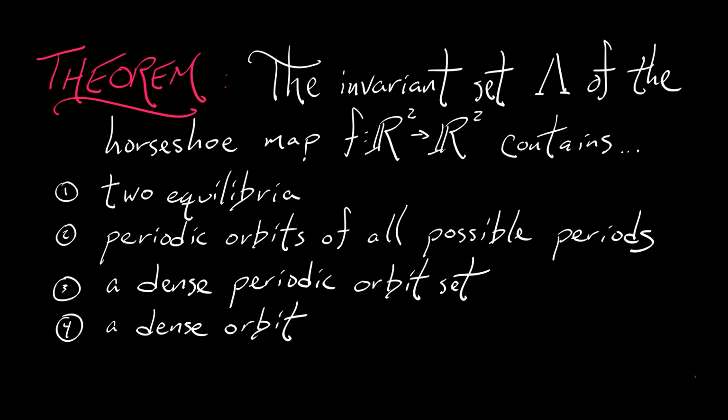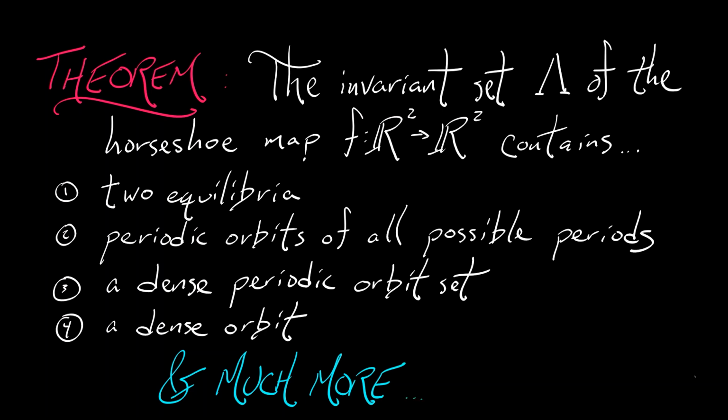Now, there's much more inside of here. There's sensitive dependence on initial conditions. There are all the hallmarks of chaos. This is a provably chaotic dynamical system. Now, this is not obvious. It's going to take us some work, and it's going to take us some work in the next chapter.